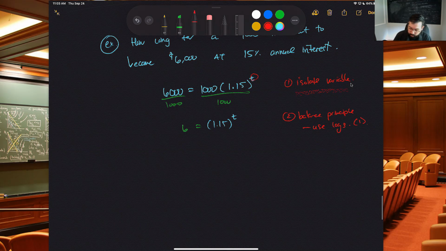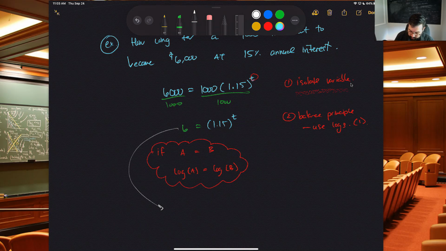Use log's property 1. So, in other words, if a equals b, we know that the log of a must be equal to the log of b, right? If it's a function and the inputs are equal, then the outputs have to be equal. So this is kind of the logic we're going to be using here. So then we bring this down and we say, all right, I'm going to take the log of 6 on the left, and on the right I'm going to take the log of 1.15 to the t.